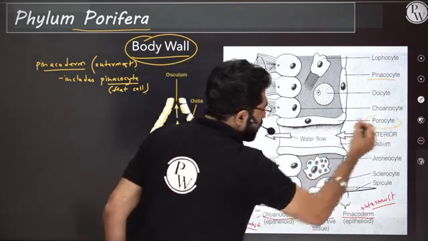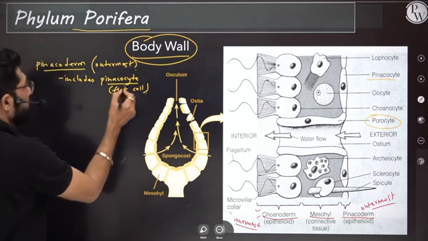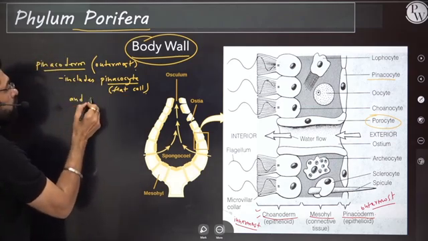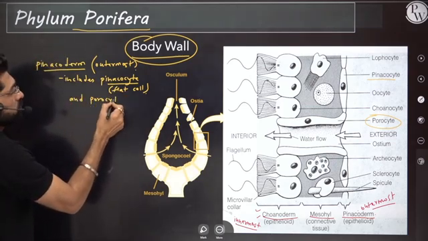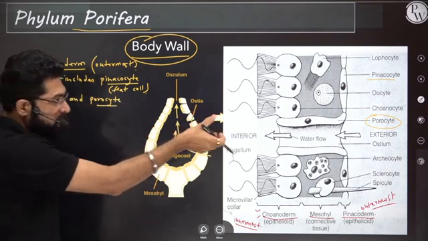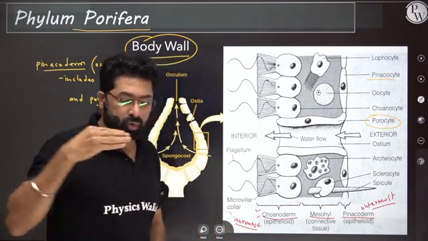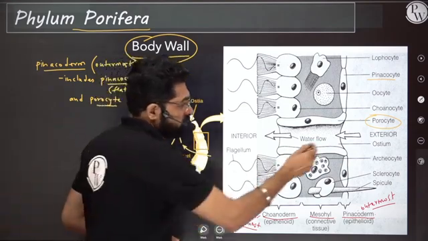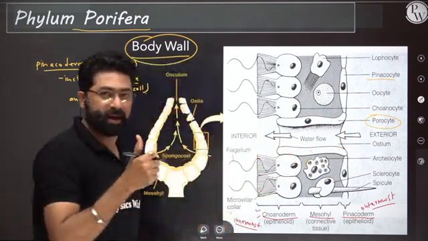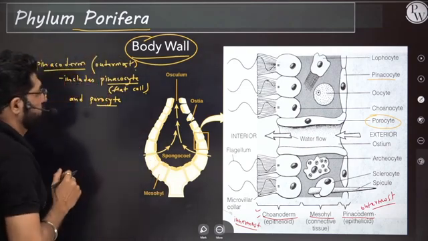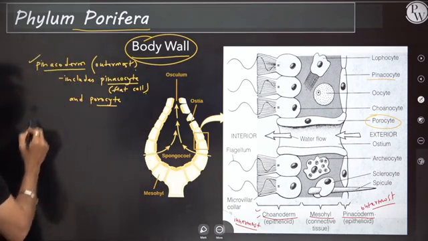So it includes pinacocytes and porocytes. Through the pores only the water will come. This is a channel-like structure through which the water flows. Let's continue further. So this is the pinacoderm.